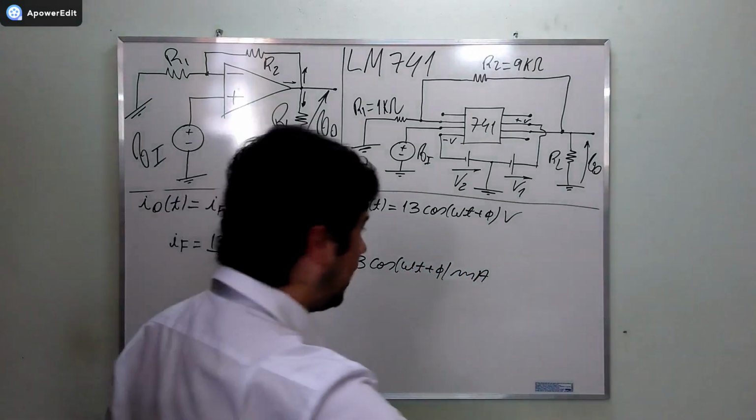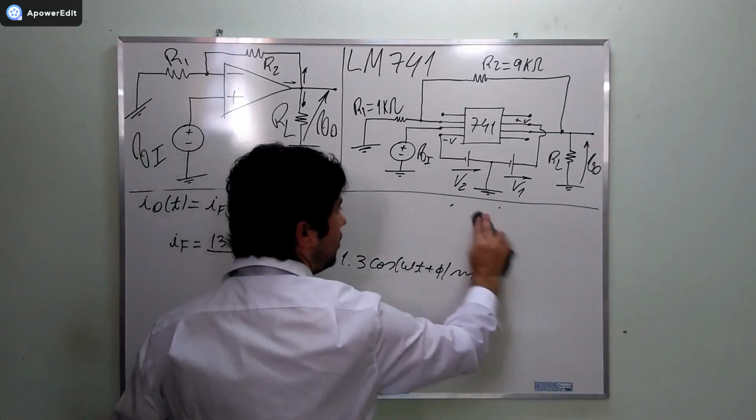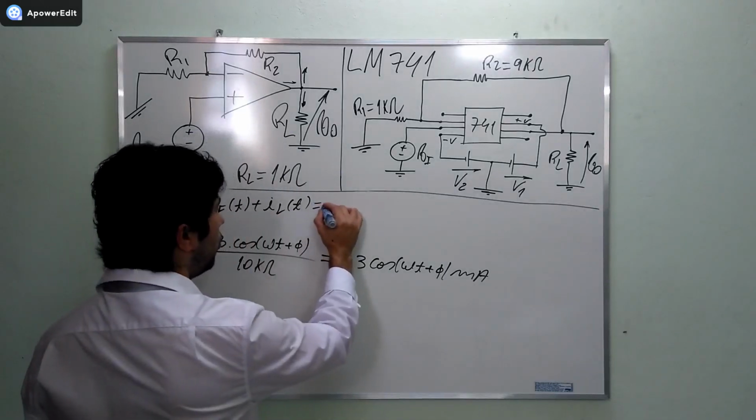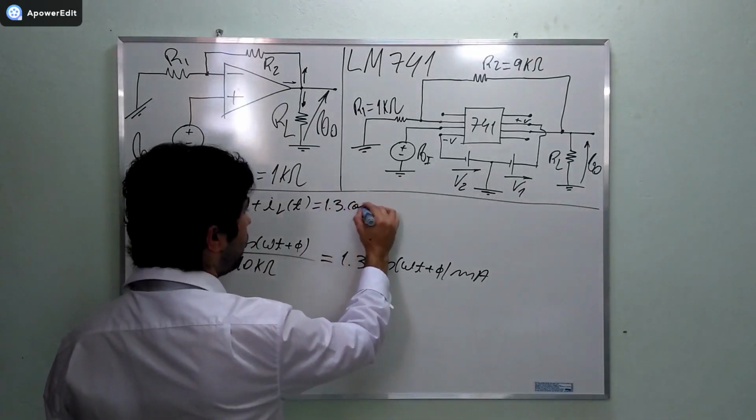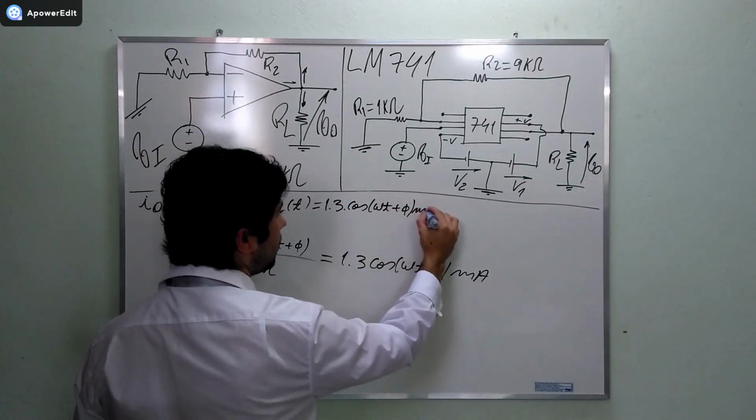Okay? I am going to write it here so we will not forget: 1.3 times the cosine Wt plus phi milliamperes.